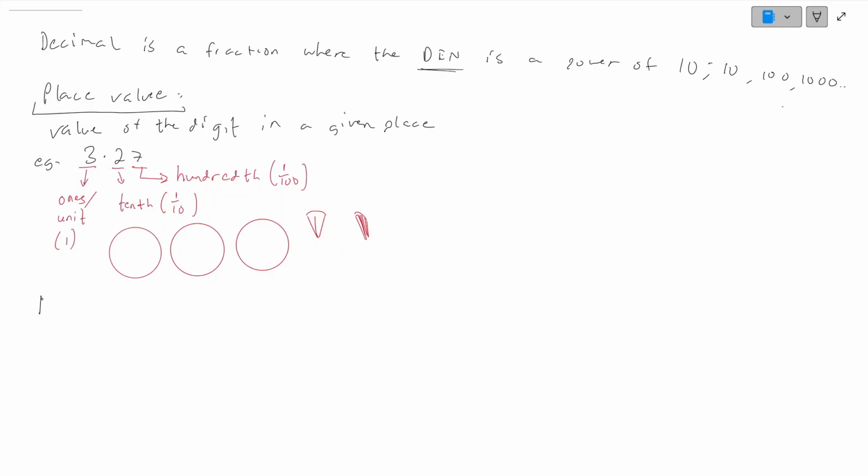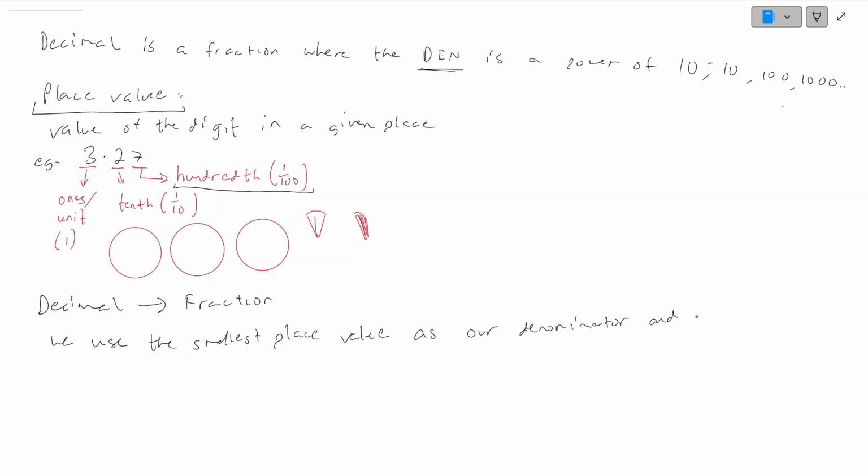Next up, we'll look at the conversion between a decimal and a fraction. How do you get a decimal to become a fraction? For that, we use the smallest place value, meaning the place value on the far right, which in this case is the hundredth in our example, and we use that smallest place value as our denominator. And we also remove the decimal point.